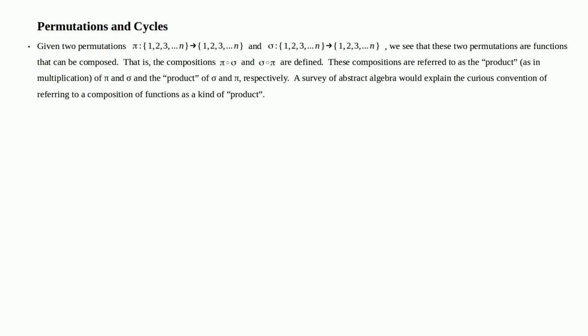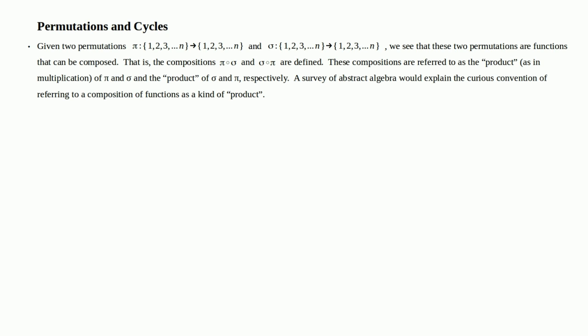These compositions are referred to as the product, as in multiplication, of P and sigma, and the product of sigma and P respectively. A survey of abstract algebra would explain the curious convention of referring to a composition of functions as a kind of product. However, we're only going to go as far into abstract algebra as we need to understand permutations and cycles so that we can talk about determinants with authority.